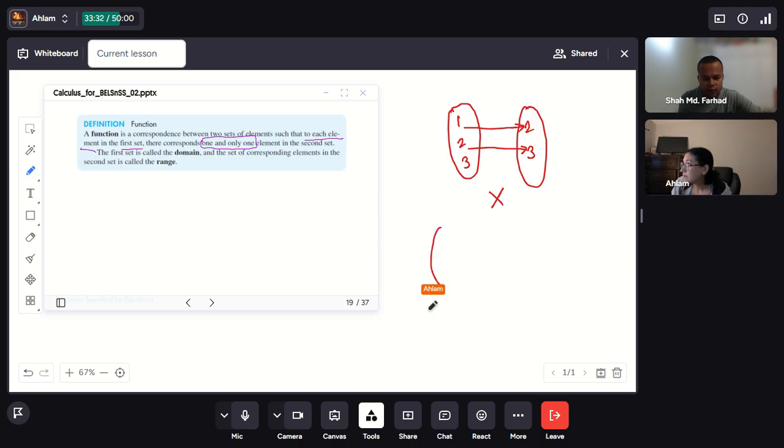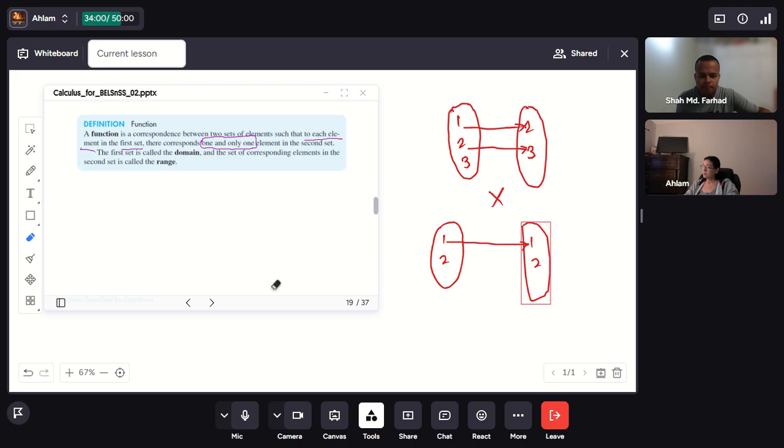But what about this? That is 1. No, it's not a function.